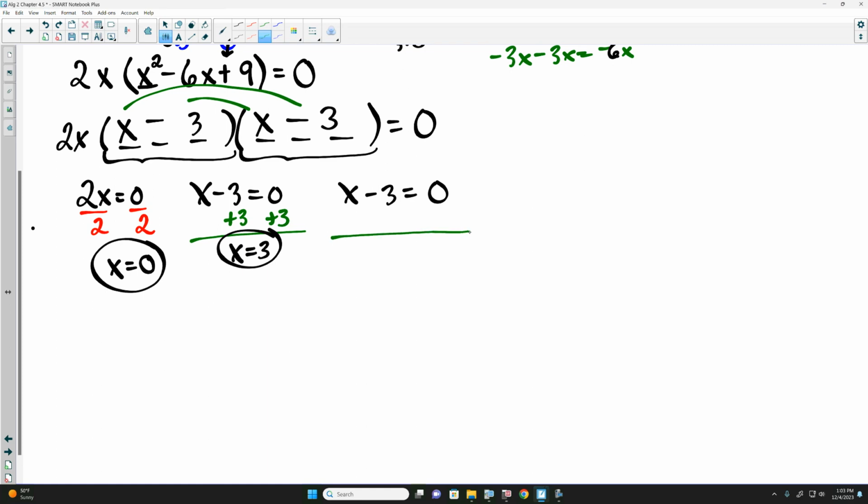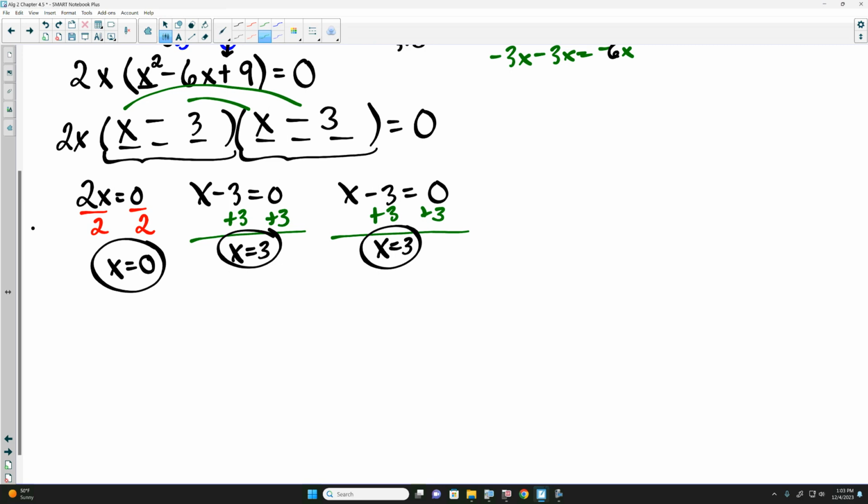Lastly, with our last one, x minus 3 equals 0, we would add 3 to both sides, telling us x is equal to 3. So our solutions for this here is that x is equal to 0, x is equal to 3, or x is equal to 3.